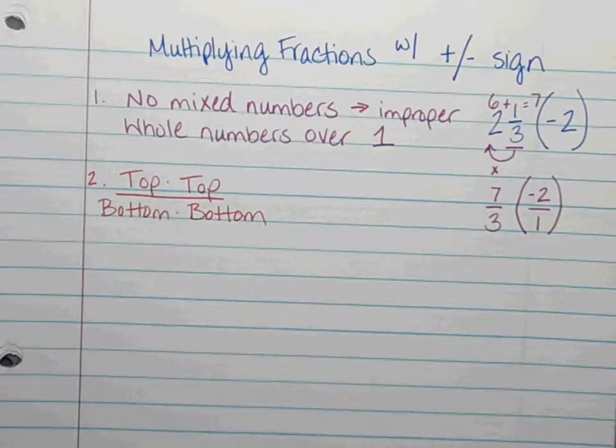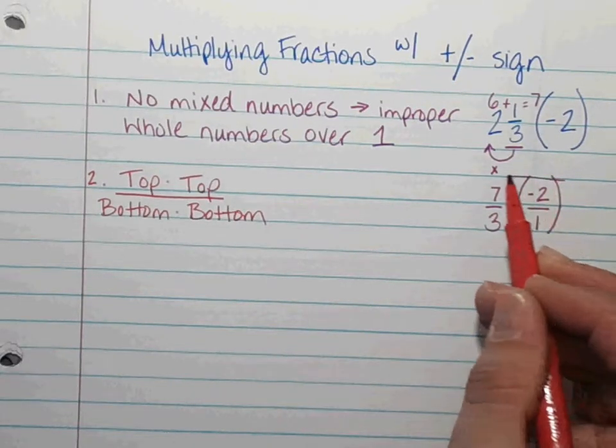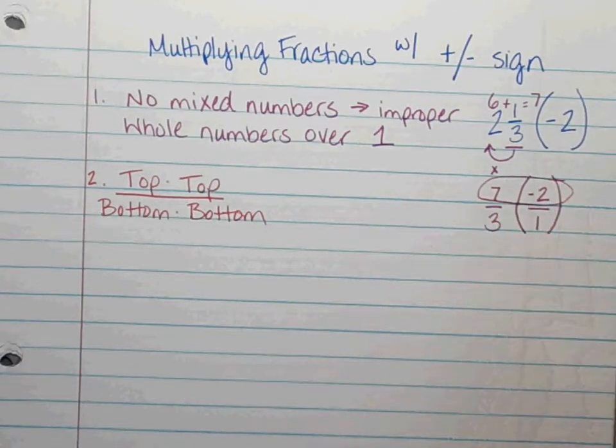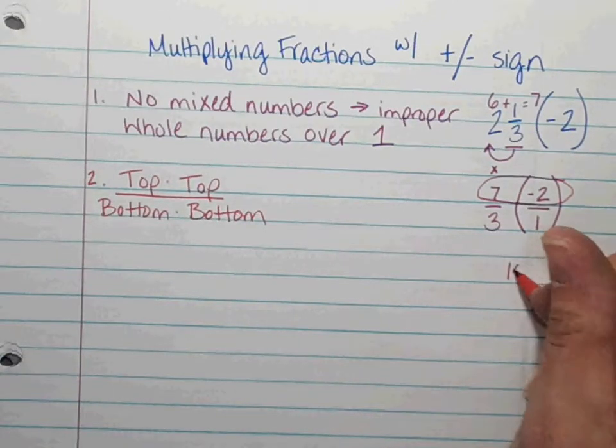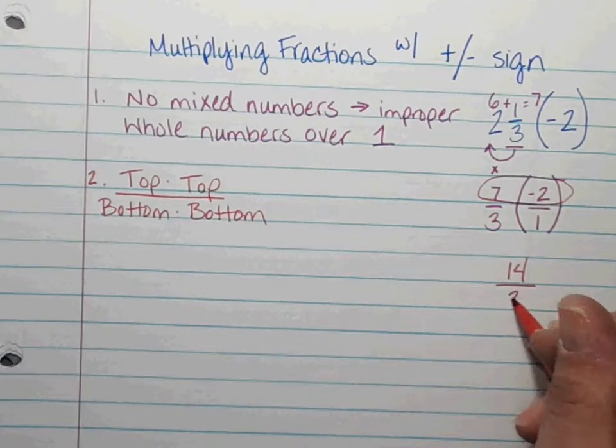Top times top won't work. So now 7 times -2 is how much? What's 7 times 2? 14. And 3 times 1? Okay.